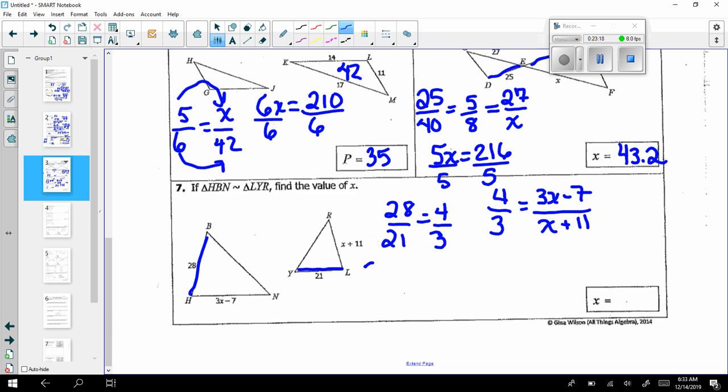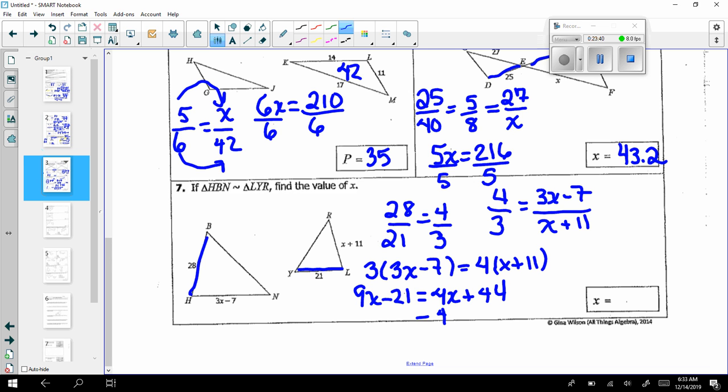I cross multiply, so 3 times 3x minus 7 equals 4 times x plus 11. So I get 9x minus 21 is equal to 4x plus 44.